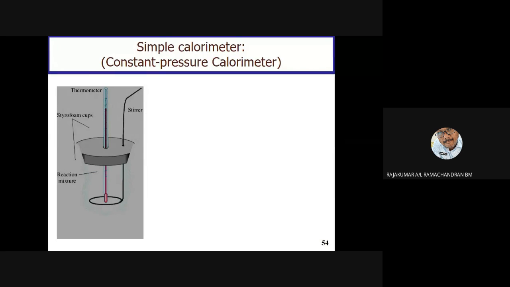Haba tu disebarkan secara seragam dalam styrofoam cup tu. And the styrofoam cup is considered as the insulated container. Kita akan tambah lagi kapas dalam cup tu, supaya dia betul-betul insulate haba daripada hilang ke persekitaran. Okay, this is simple calorimeter, right?